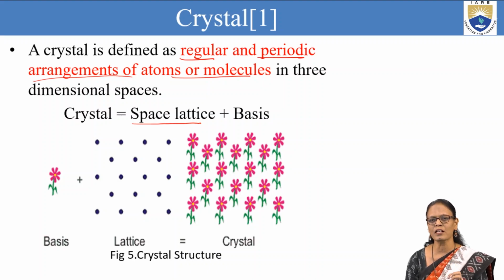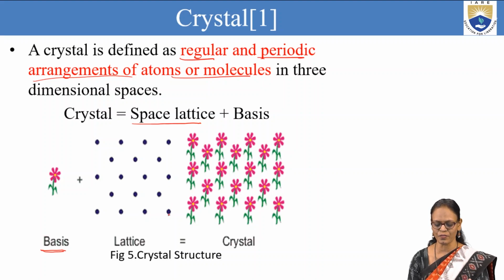Now I will just explain it in lay terms without talking about any type of atoms. If you see here, we are seeing a flower. I'll take this as a basis. And if I have a lattice structure like this, these are the lattice points we have taken in the space lattice. Now, how do we get the structure here is by placing this at each point.